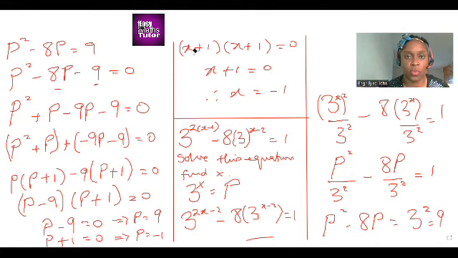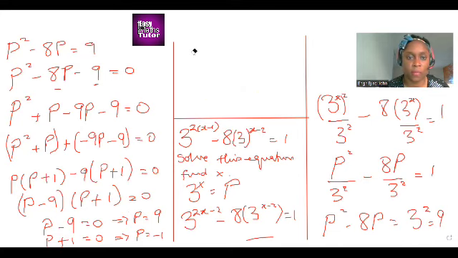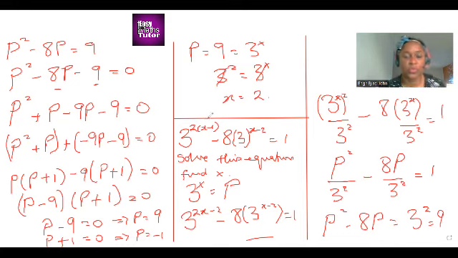So let's continue on this side. If p is equal to 9, knowing that p is 3 raised to power x, and 9 is 3 raised to power 2, if we cross these 3 bases out, x is equal to 2.